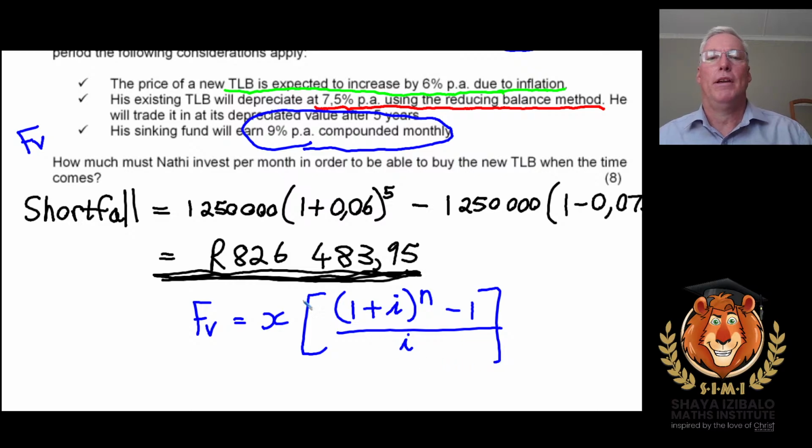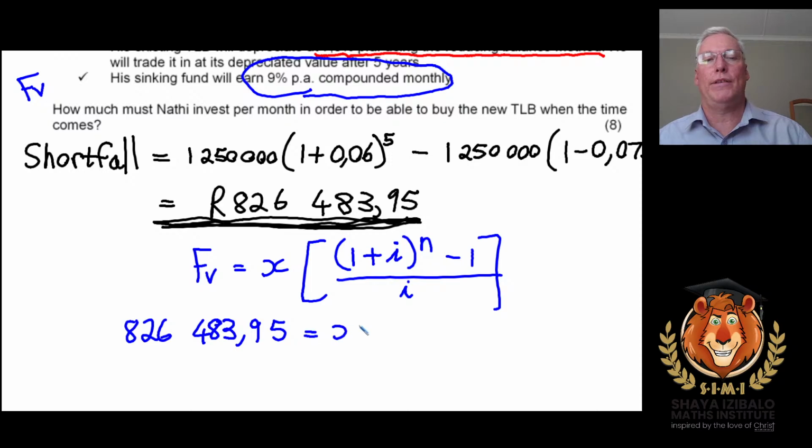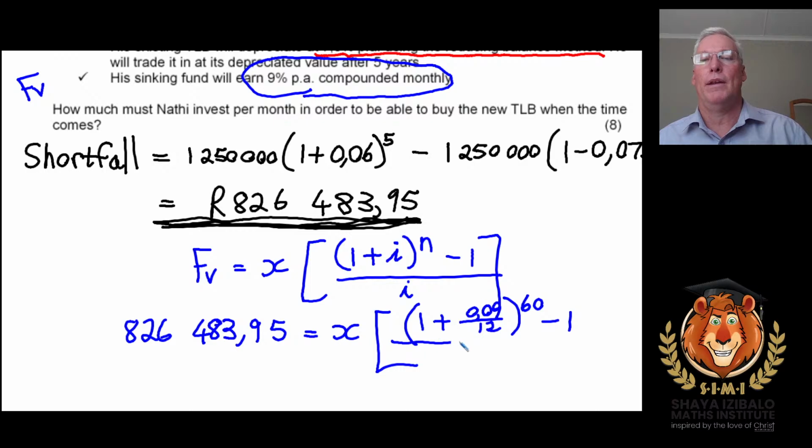The amount that we need to raise is 826,483.95. And this is x, which is what we're going to work out. This is going to be 1 plus our interest rate, 0.09, but I need to divide it by 12, and he is going to make monthly payments for 5 years, so 60, minus 1, over 0.09 over 12.